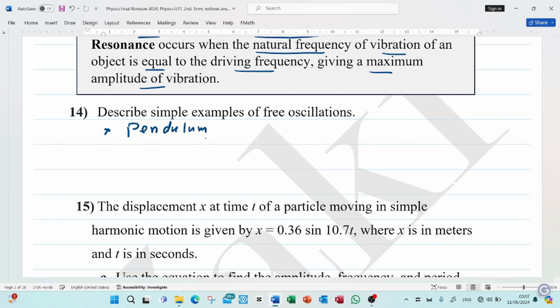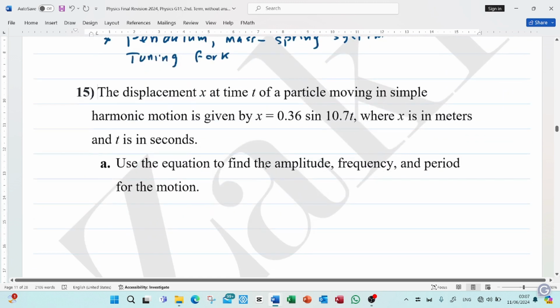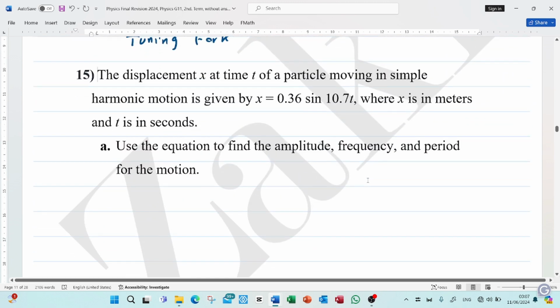Pendulum, mass spring system, tuning fork. In all of that, the restoring force is directly proportional to the displacement and in the opposite direction. Now, those are examples of free oscillation. Now, question number 15.